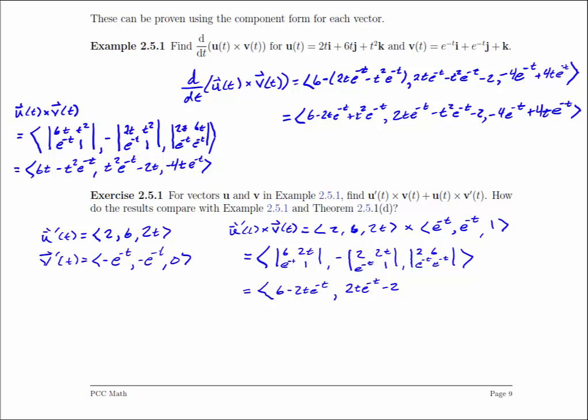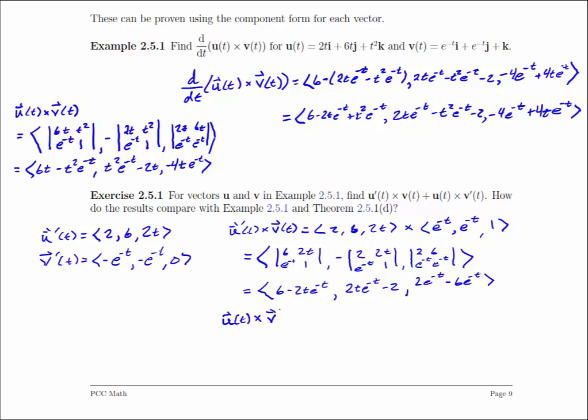So I'm just doing these backwards, essentially. Instead of 2 times 1 minus e to the negative t times 2t, I do e to the negative t times 2t minus 2. And then the last component here, we have 2 e to the negative t minus 6 e to the negative t, which will simplify to be minus 4 e to the negative t when we put the whole thing together.